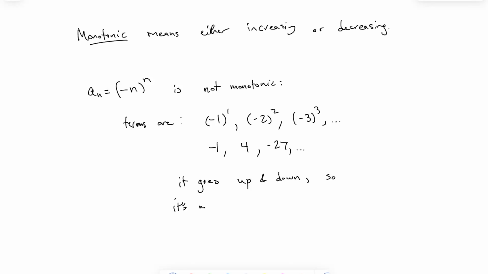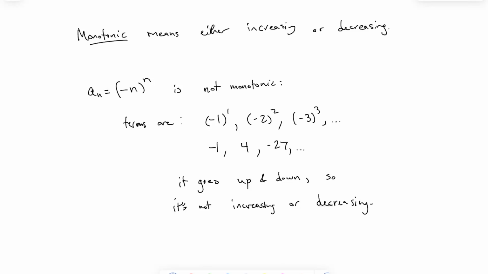so it's not increasing or decreasing as a sequence. I was being fairly dismissive of this kind of argument last time. I said if you want to show something is increasing, it's not enough to just write out a few terms and then say, look, see, it's increasing. But it is good enough to argue in this way if you want to explain why it is not increasing. All you have to do is demonstrate one particular step in which it's not increasing.